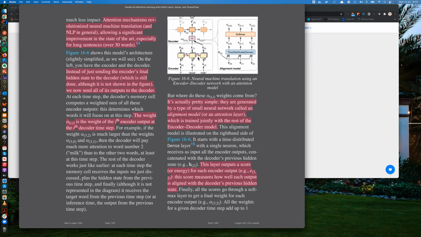let's say you're translating that sentence, milk is great. When you start to translate it, really the first word you're interested in looking at is milk. But in an encoder-decoder architecture, milk appeared a long time ago. Let's say this was a much bigger sentence, like 30 words.